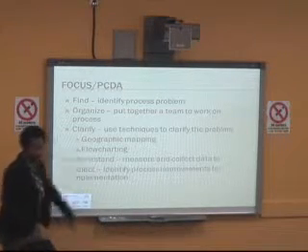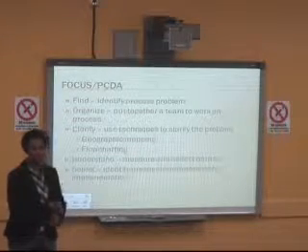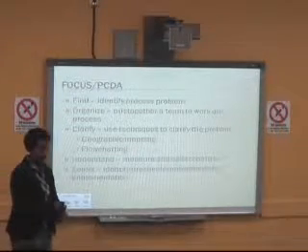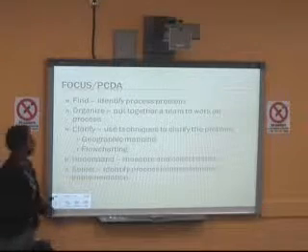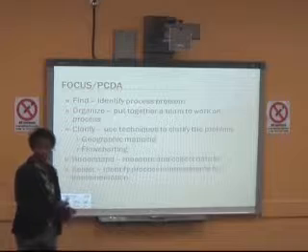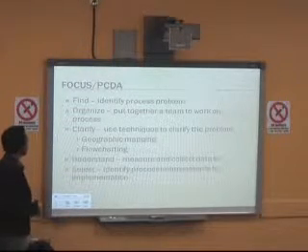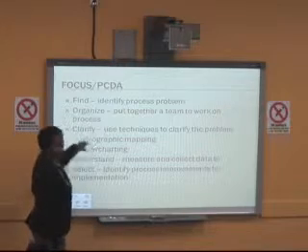That might include looking closer at the surgical utensils that are used. Maybe they're not clean. We need to look at the staff to make sure that they're washing their hands. We need to look at the physicians to make sure that they're taking all the precautions that they need to do. That's all in the clarify stage.